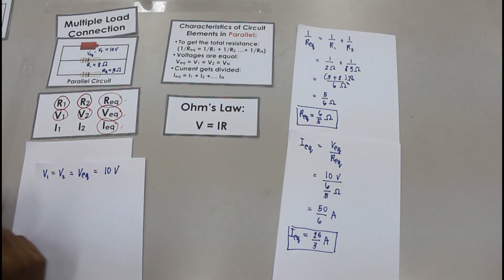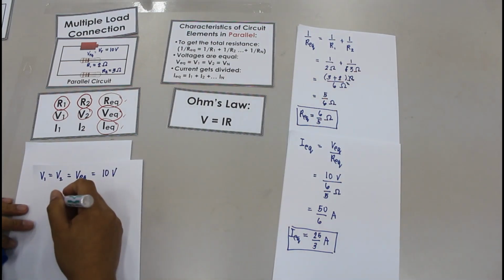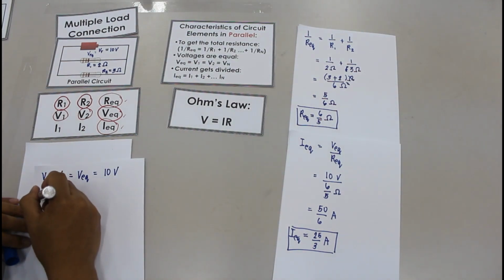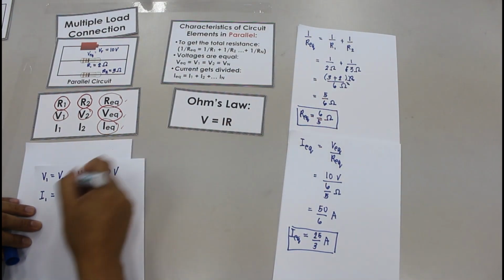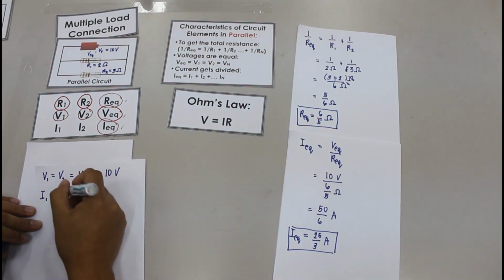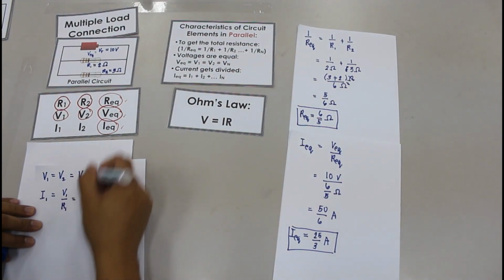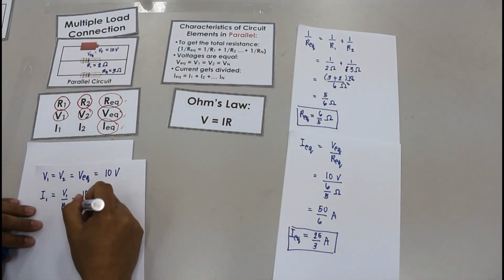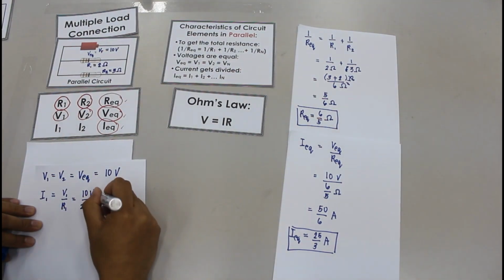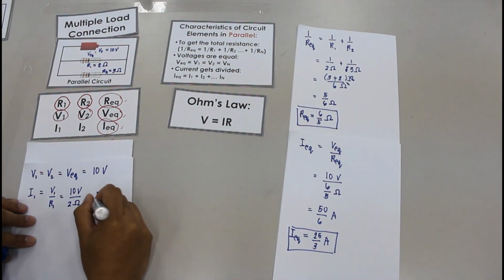And in order for us to solve I1 and I2, we once again use our idea of Ohm's law here. That is, in order to solve for I1, we manipulate this equation and solve V1 over R1. The value of V1 is 10 volts, and the value of our R1 here is 2 ohms. This gives us a value of 5 amperes.